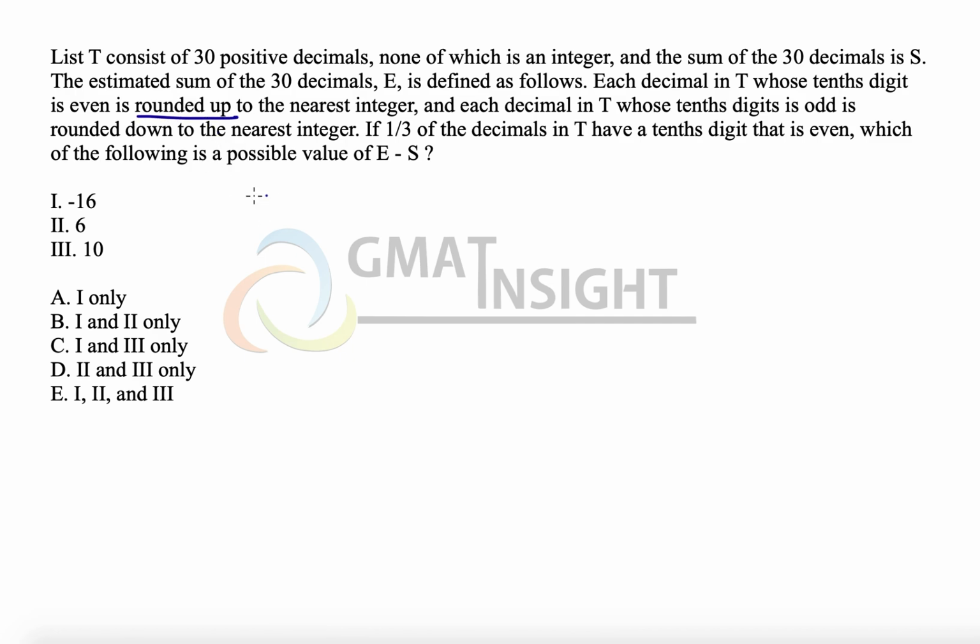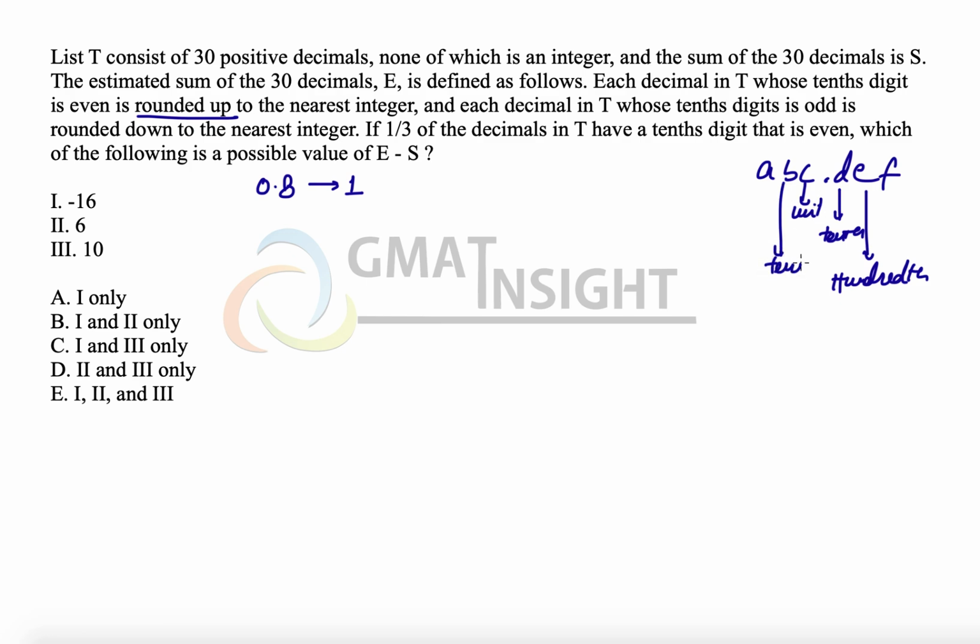So what is the meaning of it is that if you have a number, let us say 0.8, then it becomes 1 because the 10th digit is even. The 10th digit, let me also explain one thing very quickly. If we have a number ABC.DEF, then D is called the 10th digit, E is called the 100th digit, and F is called the 1000th digit, C is called the units place, B is called the tens place.